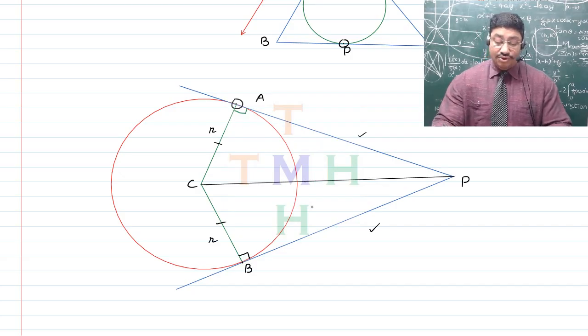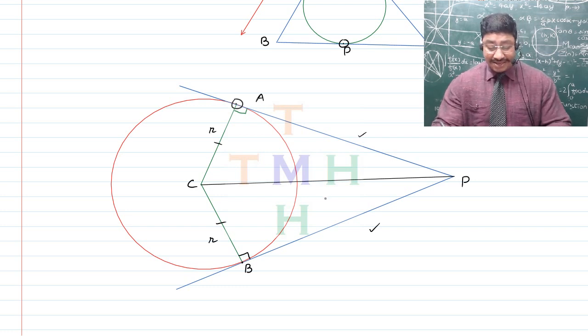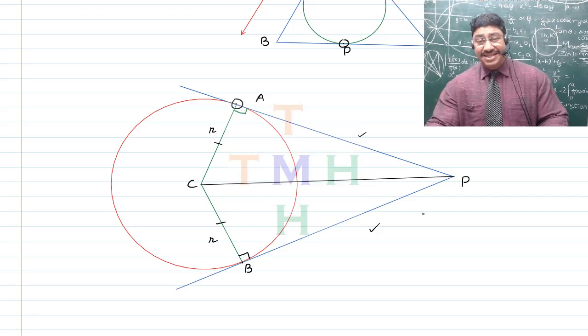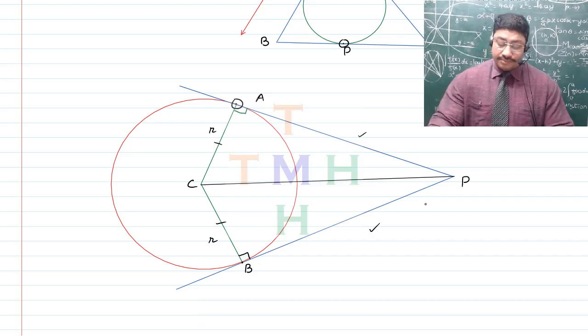And as both of these triangles are congruent by RHS, you can say that these two lengths which had to be proved to be equal will also be equal by CPCT, that is, congruent parts of congruent triangles, right?